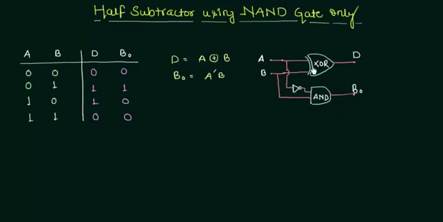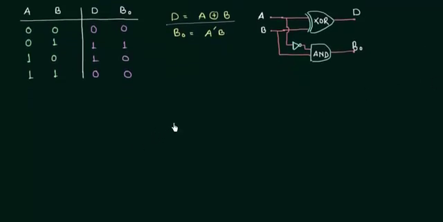I have to implement this thing. So I will first go for the difference, and for difference you can clearly see that I require a XOR gate, and I will try to make a XOR gate by using the minimum possible NAND gates. So let's do it. Let's make a XOR gate by using NAND gates.